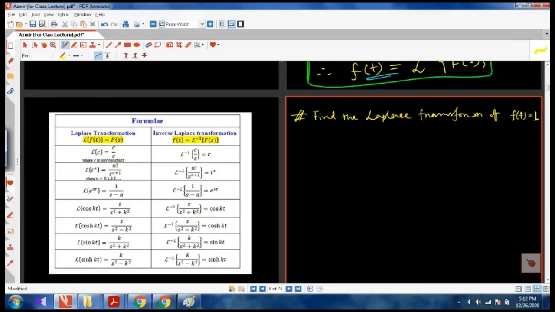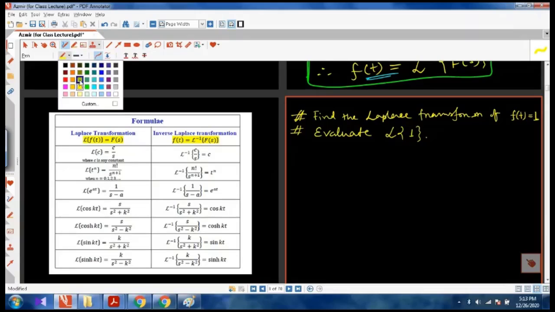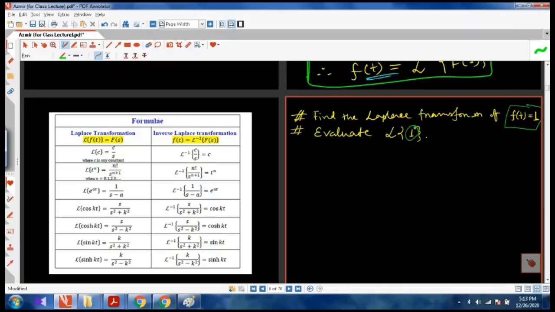The question may also be in this form. Evaluate Laplace transform of 1. So here I have written the two alternative forms of the question pattern. So if the question is coming just like this way, we have to find the Laplace transformation of f of t, which is equal to 1. F of t equal to 1.